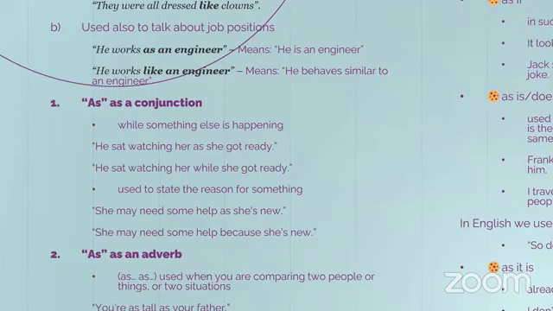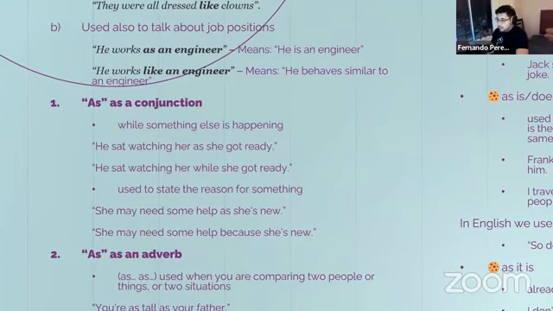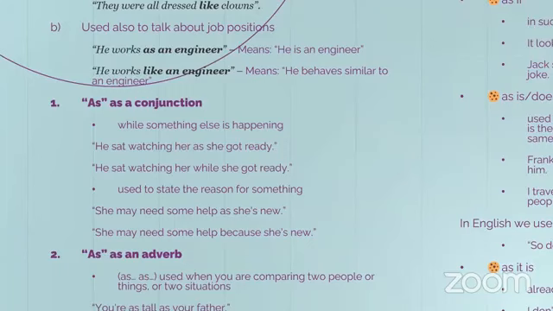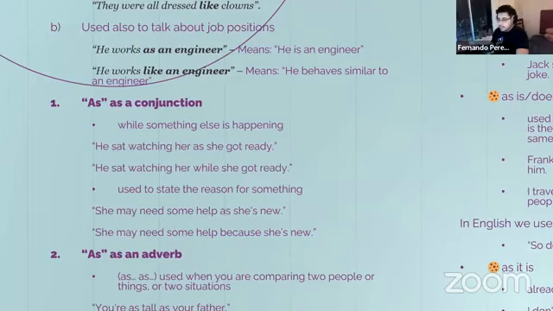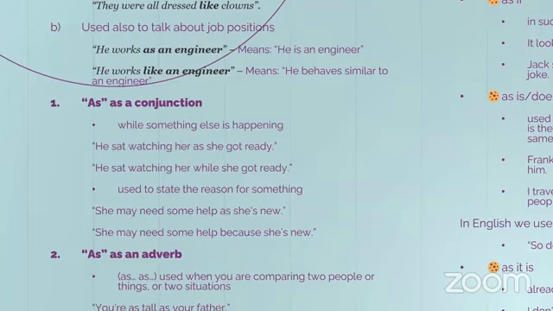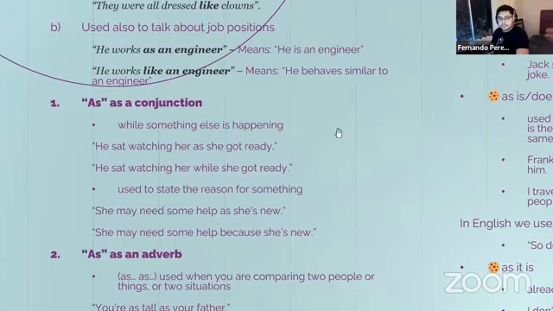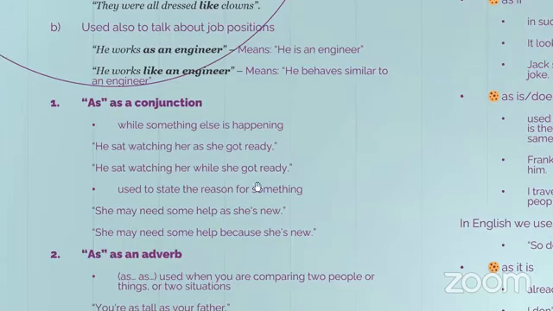While something else is happening. Example 2: he sat watching her as she got ready.